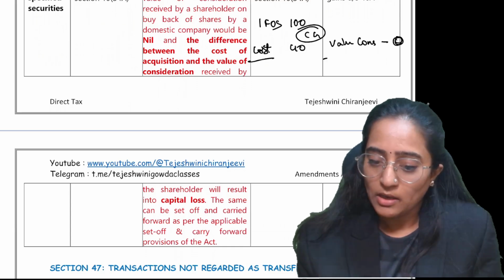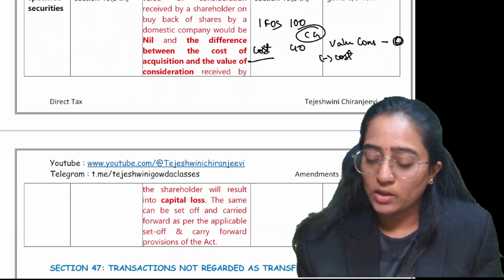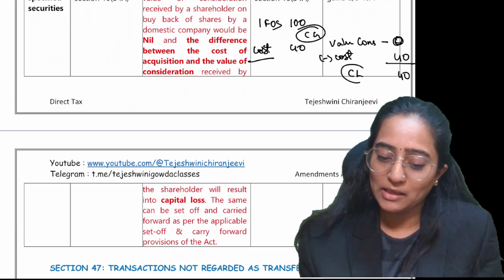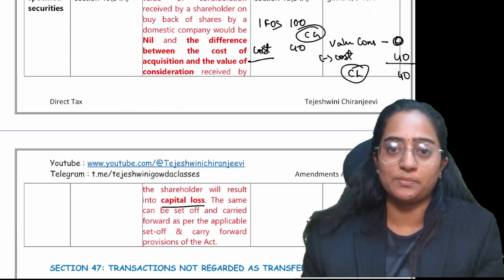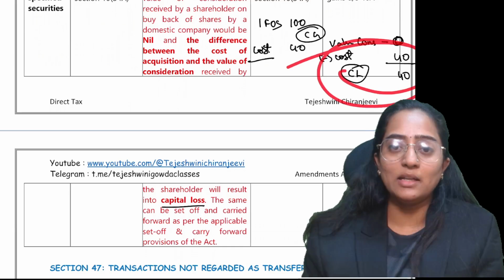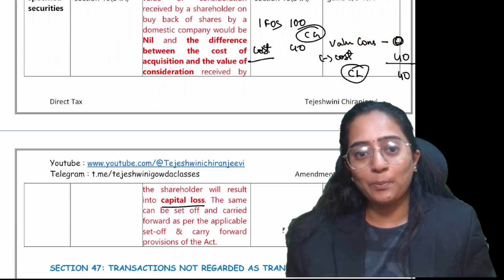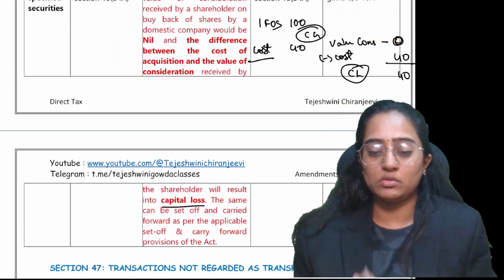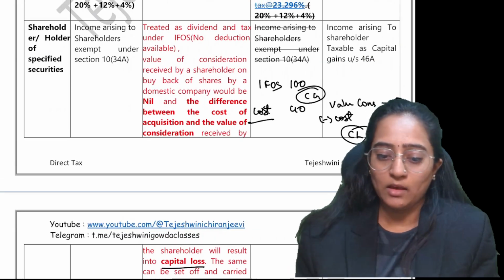Now take the cost which you have and subtract that. This will automatically result in a capital loss. You take that capital loss and set it off as per the set off and carry forward provisions. Don't worry. Understood?